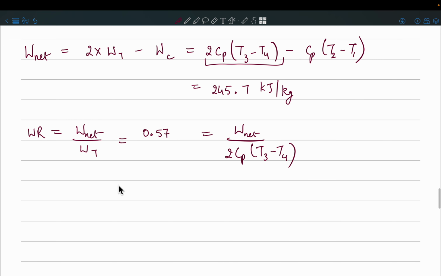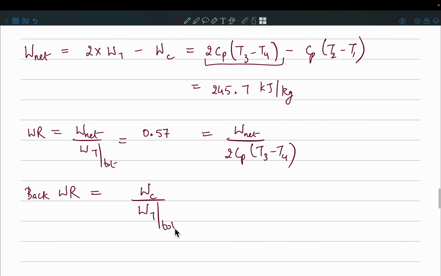Yeah. Okay. Then you have to calculate back work ratio. So do you know what is back work ratio? Compressor work upon turbine work, the total turbine work, right? I think I should not confuse, because here I have written WT.